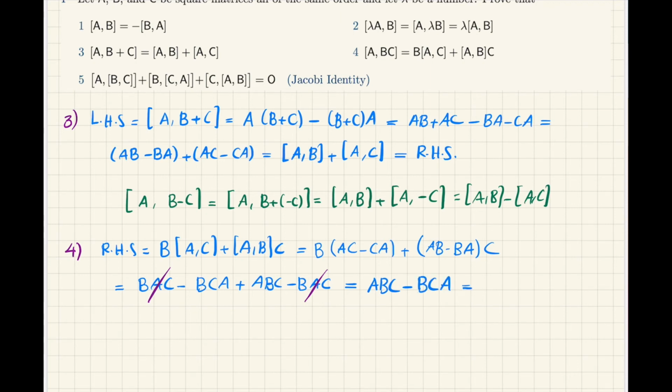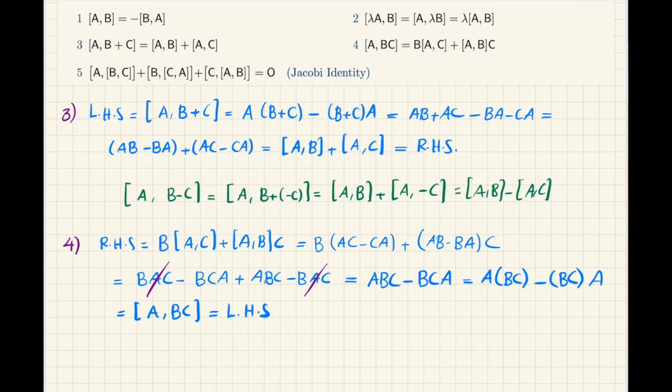But you know that matrix multiplication is associative, so for the first product, I can assume that this is A times B and multiplied by C. And the same thing, I collect B and C together again, and then I multiply it by A. But now you see this is exactly the definition of the commutator of A and BC, which is exactly equal to the left-hand side. Okay?